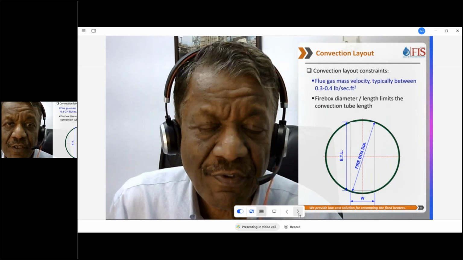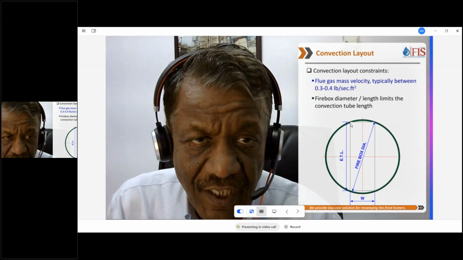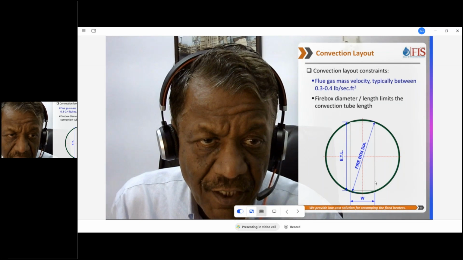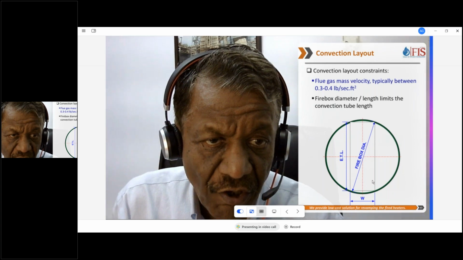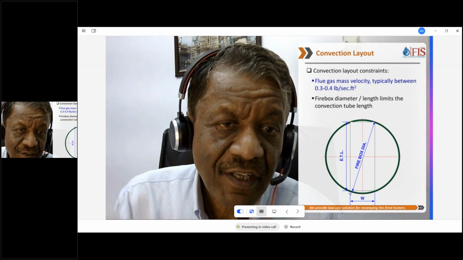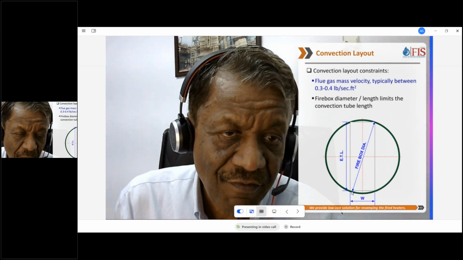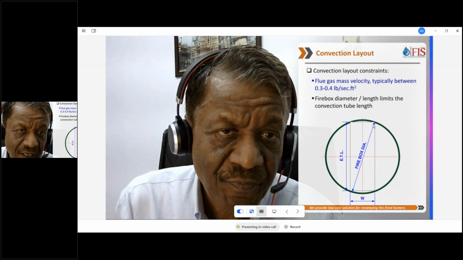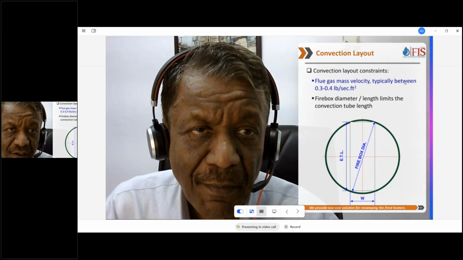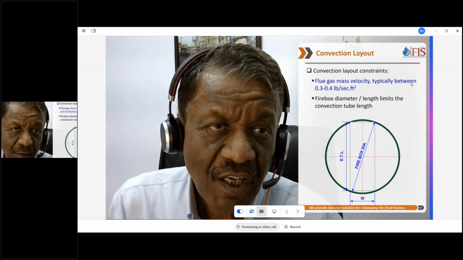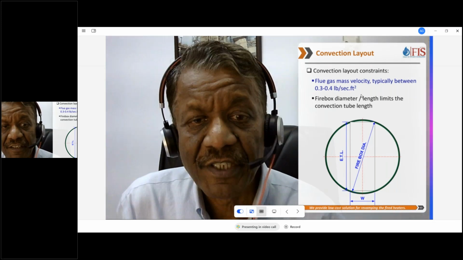We want the convection section to be supported by the radiant section, so all 4 corners should fall on the radiant section casing. We know the firebox, and if we know how many tubes we are putting, we can get the length of the tubes. We try to see whether we can get a flue gas mass velocity of about 0.3 to 0.4 pounds per second per square foot. That's our objective.